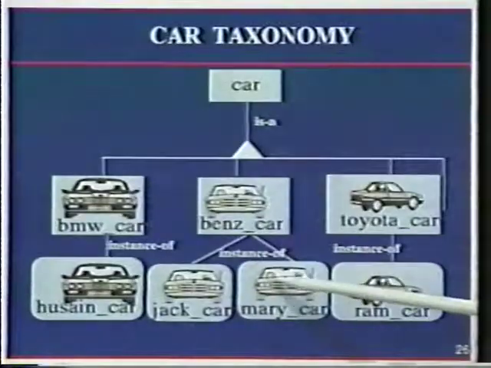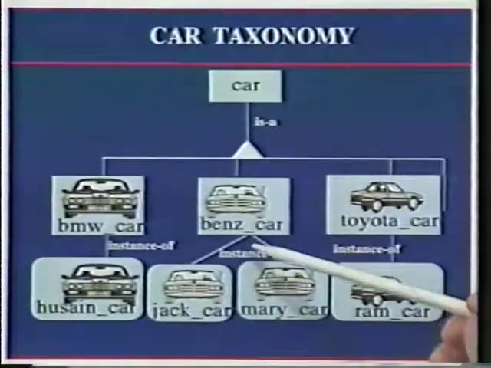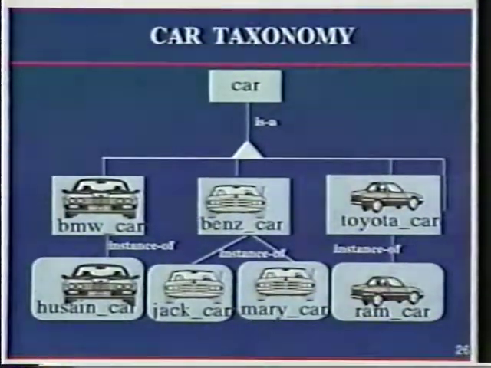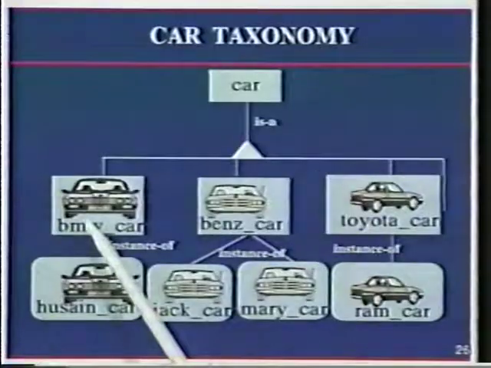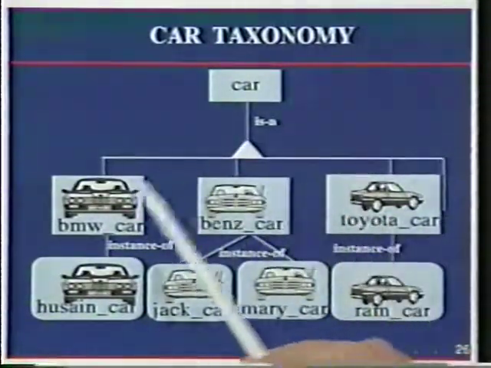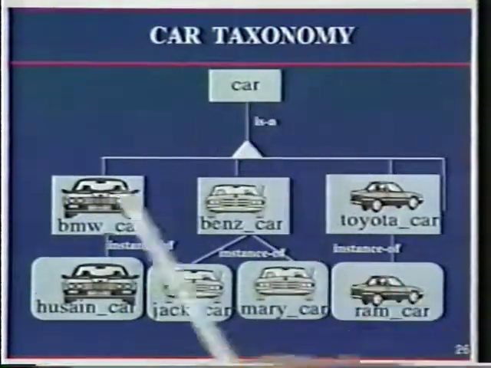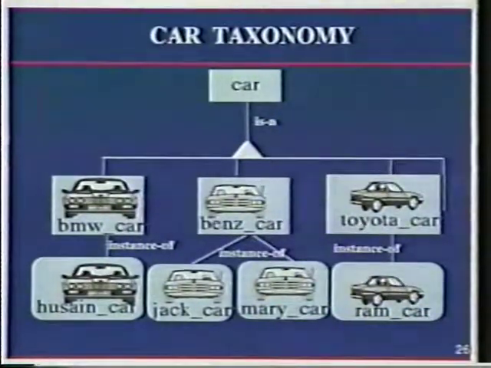So, this aspect going from the individual objects to the class object is a process which is called classification, and the relationship classification is denoted by the instance of link. Then we can take these class objects such as the BMW car, the BENZ car, and the Toyota car, and we can group these class objects into another class object called a car, because they are all cars, as we know.